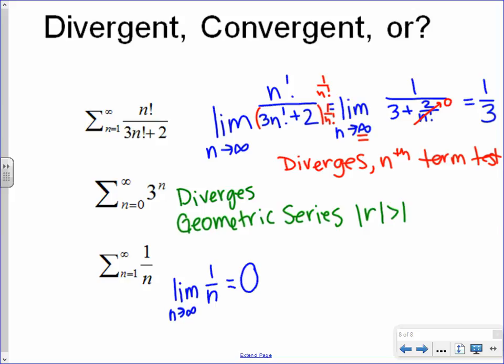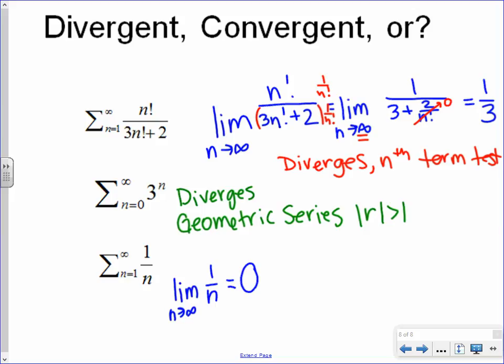Okay? This is not a geometric series either, so we cannot use that rule. And our telescoping series is not going to be helpful either. Okay? This is a series that we're going to have to wait until next week to figure out if it diverges or converges. I'm sorry to disappoint you.